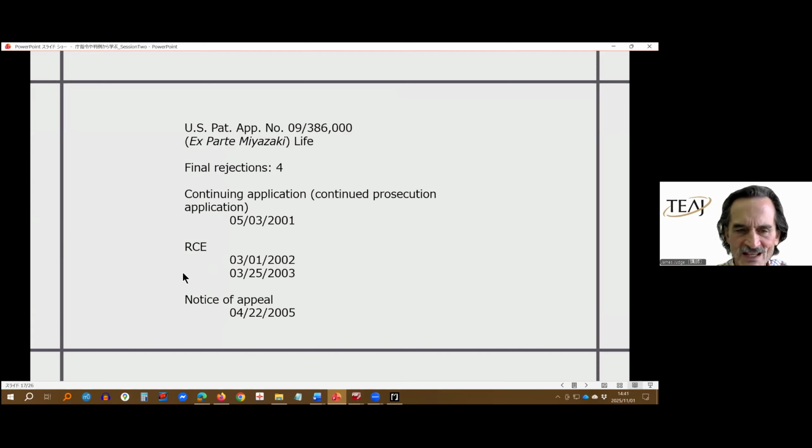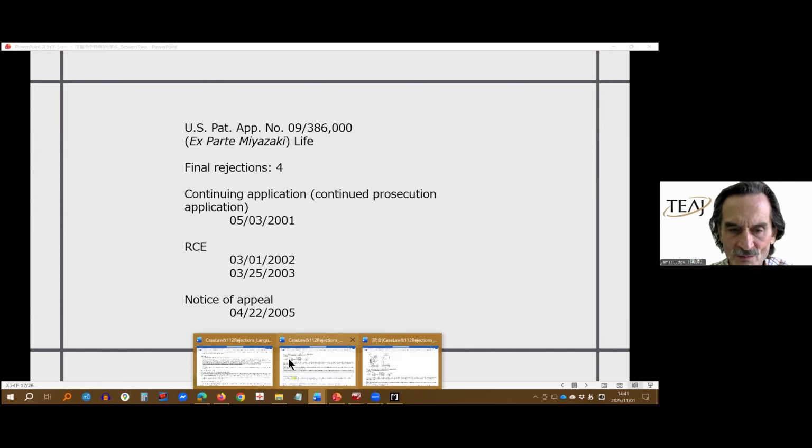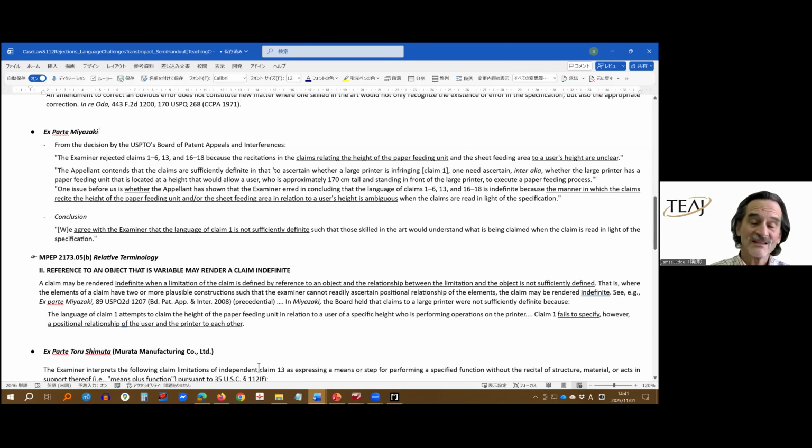And then when RCEs came in, the applicant, Seiko Epson, filed 2 RCEs, and they also filed an appeal. So that's what I mean by a protracted prosecution. It was extended over a very long period of time through many procedures. And it goes without saying that they must have spent a lot of money to try to get this case allowed.